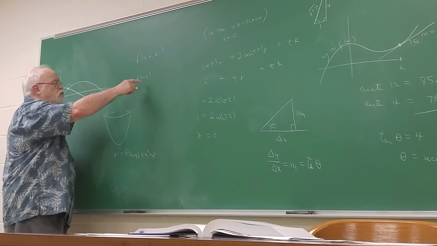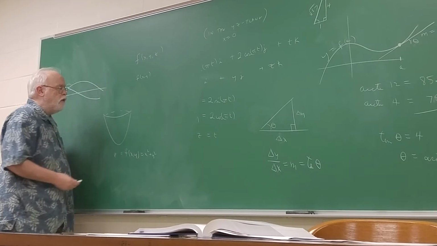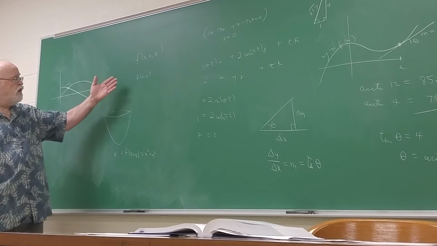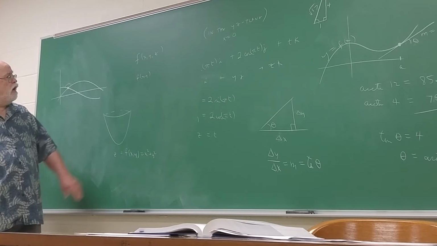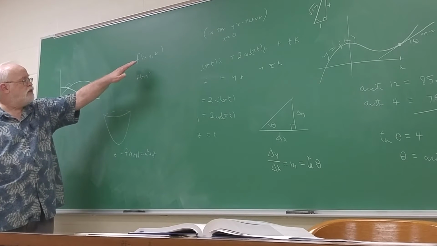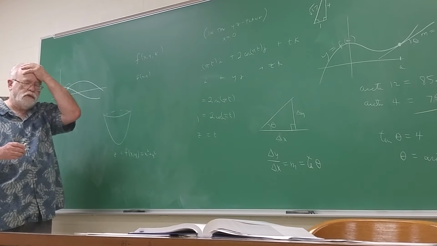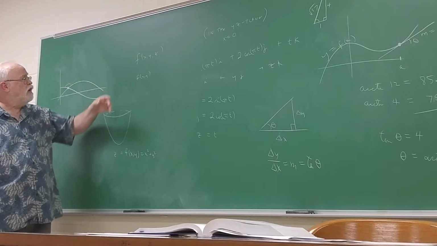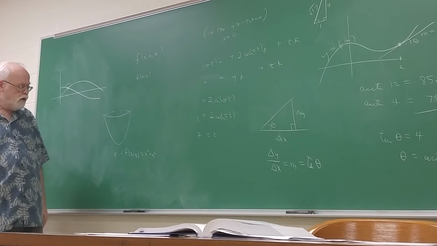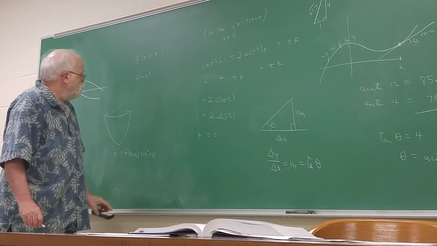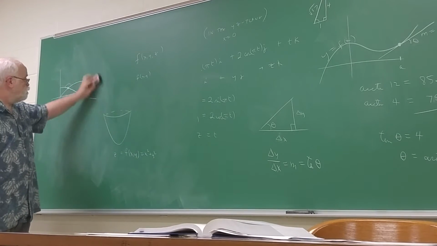So abstractly, we've got f of x, y. And when I want to see the picture, I've got z equals f of x, y. Abstractly up here, I've got f of x, y, z. If I wanted to see the picture, I'd have to twist my head in 4 dimensions and get w equals f of x, y, z. So anyway.